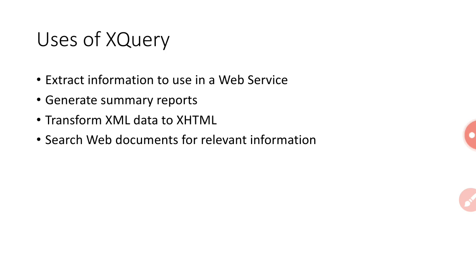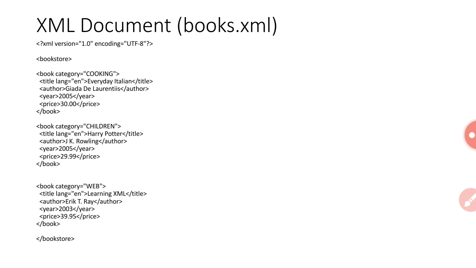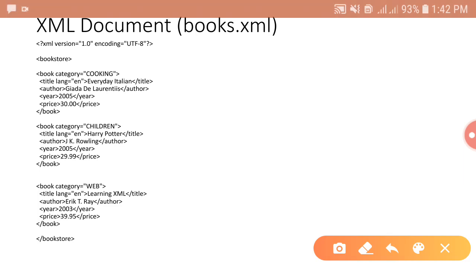Now let's see an example of basic XQuery. We will use this document in all examples, this books.xml. Call this document books.xml.